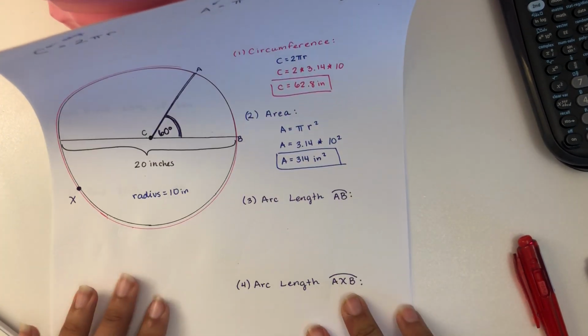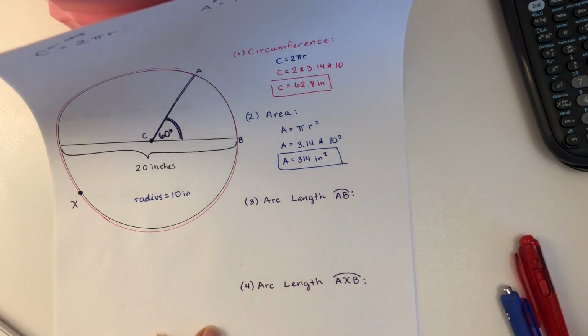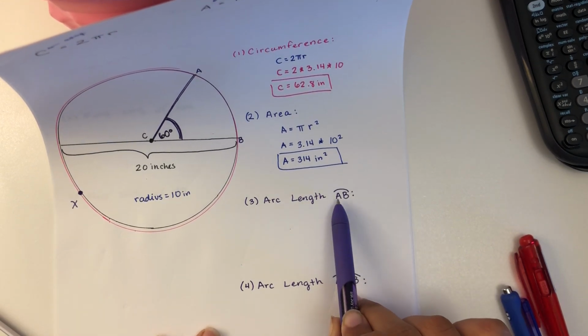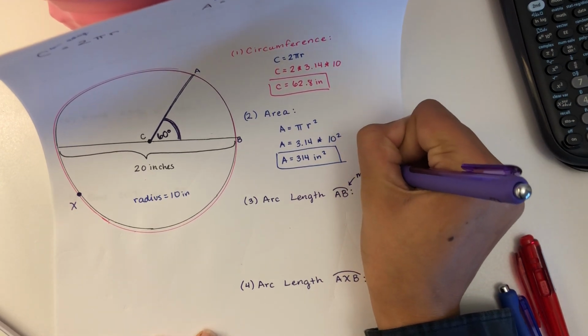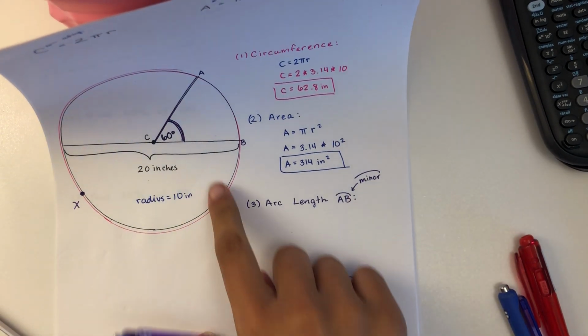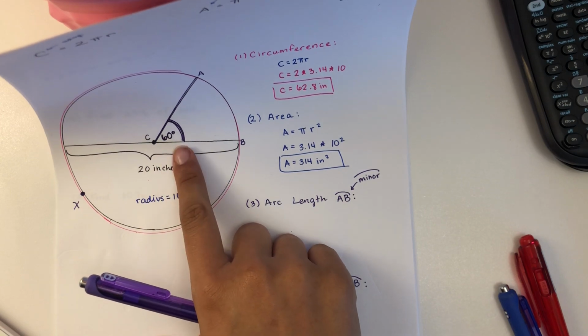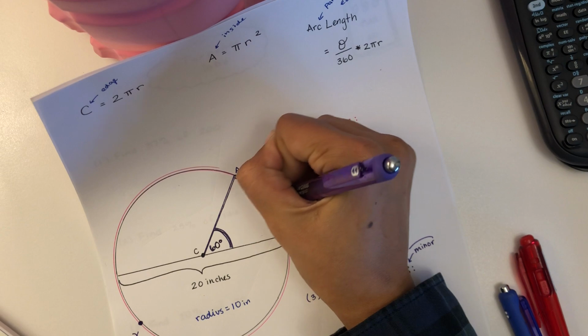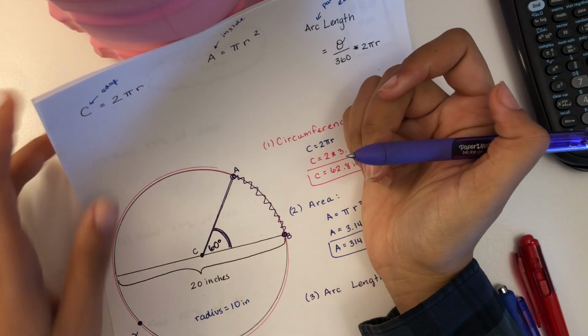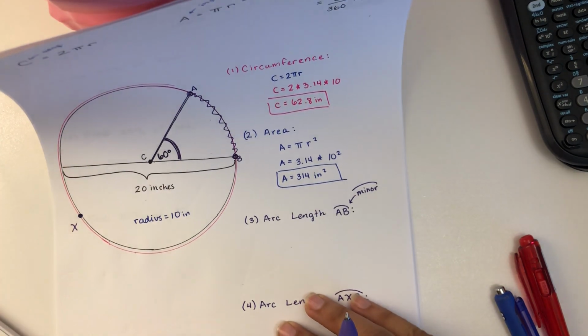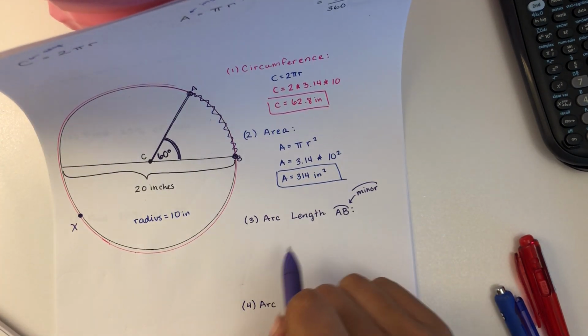All right, arc length. Arc length of AB, 2 letters, means that this is a minor arc. So we're using this 60-degree angle, right? This is from A to B. So this is my minor arc.